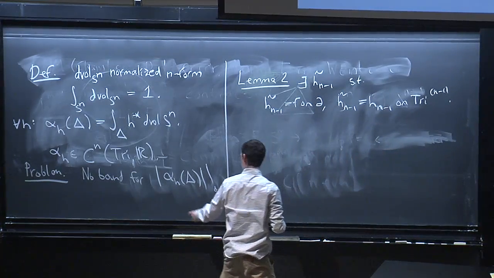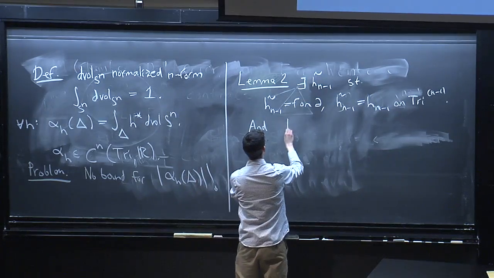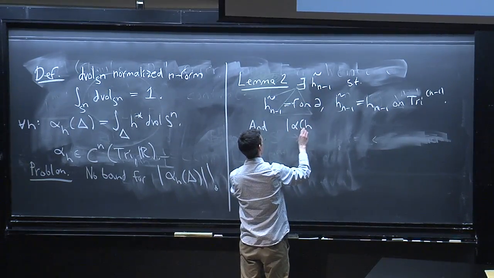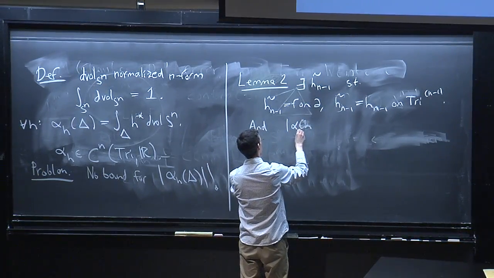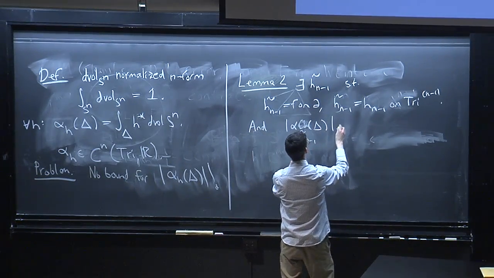And this thing is under control: alpha of Hn minus 1 tilde is always small.